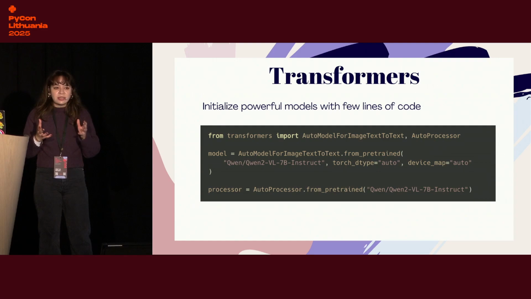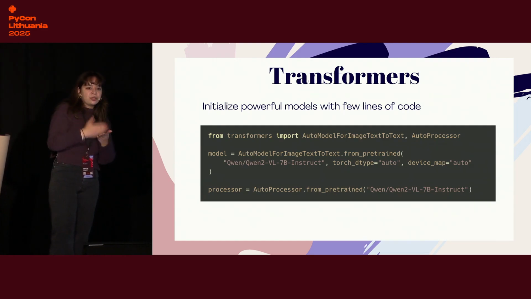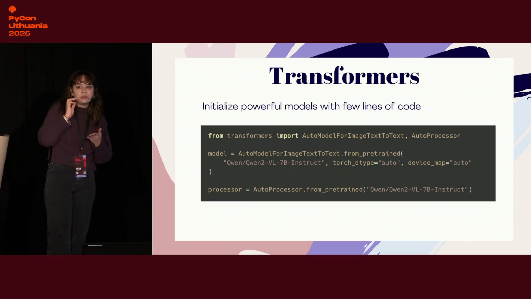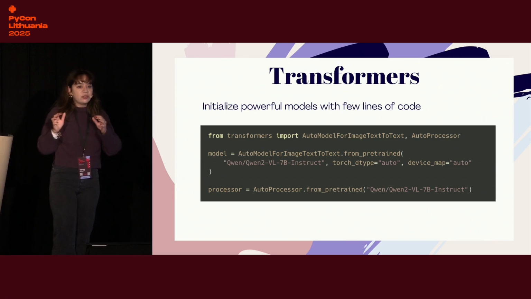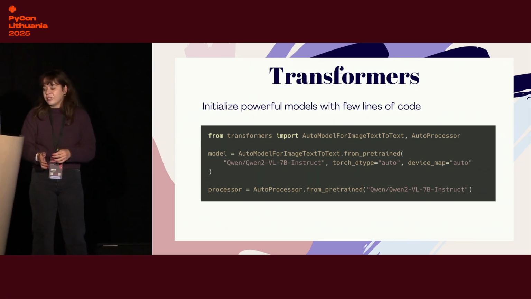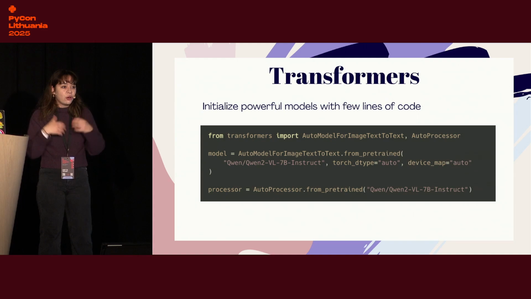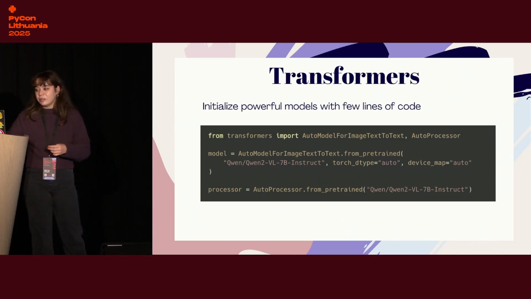Once you get used to Transformers, you do not have to learn how to infer with every single model because this is a unified API. You just infer with the models the same way all the time. Even if a new model comes, it is loaded into the same class and has the same API. So you do not have to go through the code base of any model.